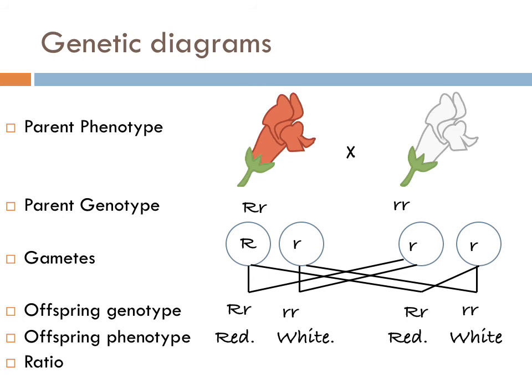So it's an equal chance of getting either white or red. So you can write it in a percentage. You could say 50% red, 50% white, or you could write it in the form of a ratio. It's according to what the question is asking us to do. If they ask us to write a ratio, then we should write 1 to 1. And if they ask us to write percentage, then we'll say 50% red, 50% white. Okay?